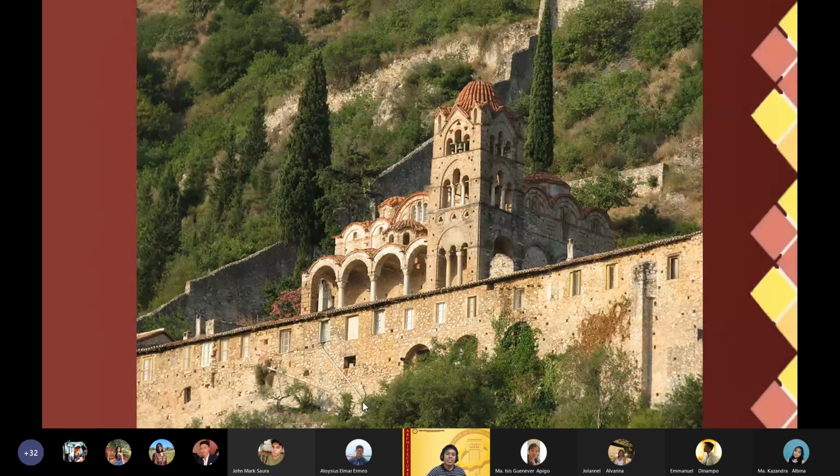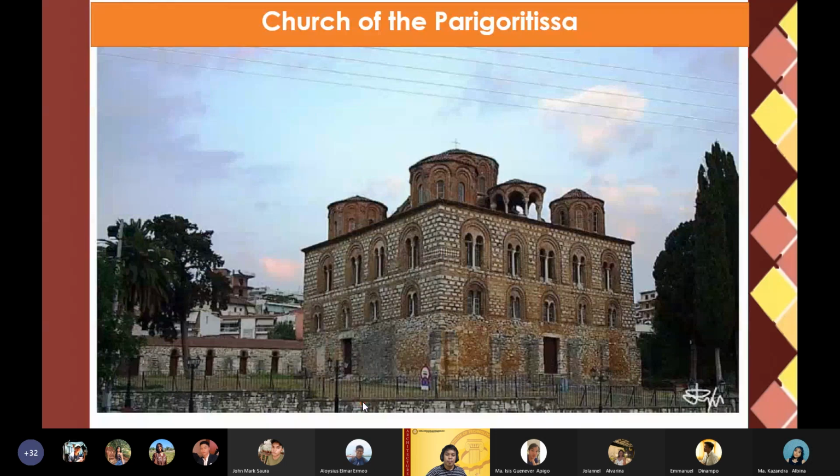So another view. It's on a hill, a hilly or mountainous portion. This one is still Byzantine architecture, but it's late Byzantine architecture. Very simple in terms of its exterior design, arc, and then there's a dome at the center.